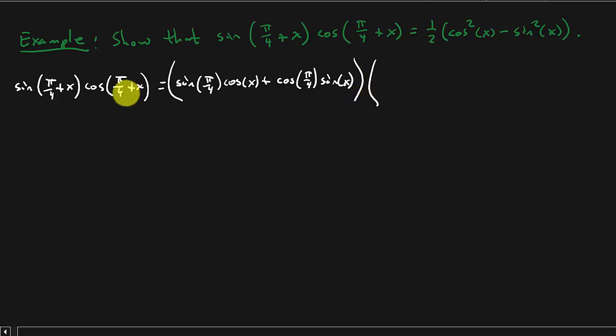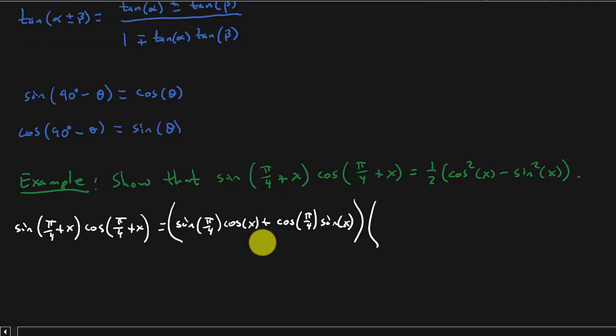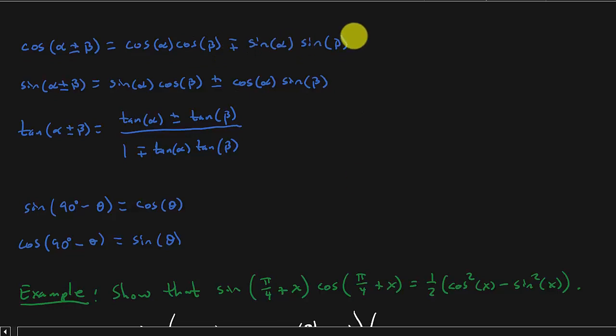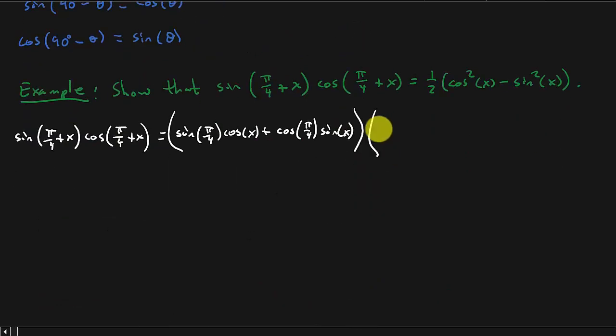And then times, now I'm going to do this one, cosine plus. So it's going to be cosine alpha plus beta. So that's cosine cosine minus sine sine. All right. So that's cosine pi over 4 cosine x minus sine pi over 4 sine x. All right.